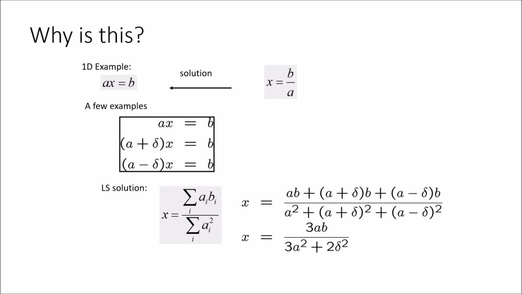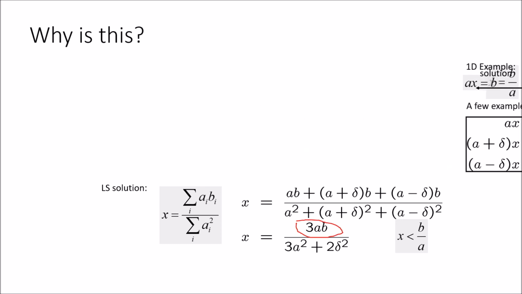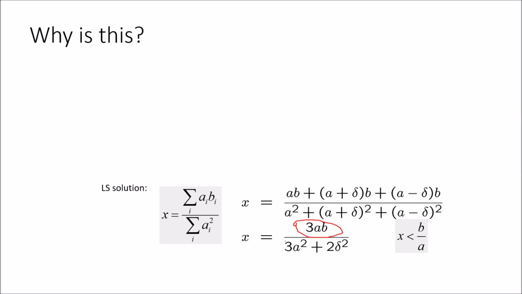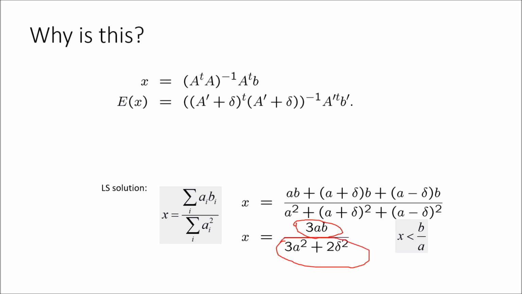If we now plug in from above, we obtain x with the numerator 3ab divided by 3a squared plus 2 delta squared, with this additional term 2 delta squared. Thus, this x is smaller than b over a, showing the bias and the underestimation.